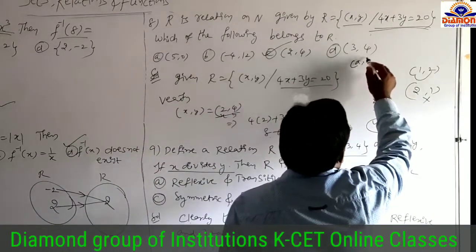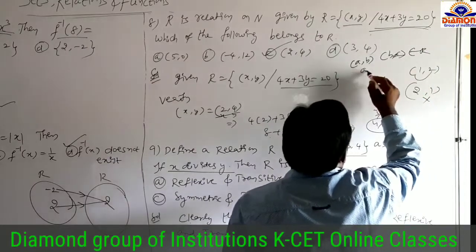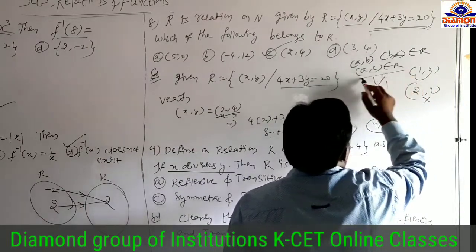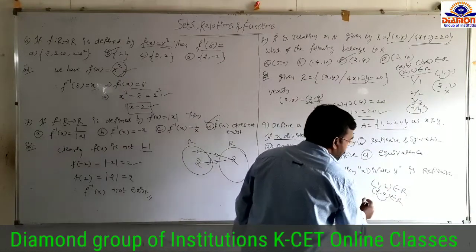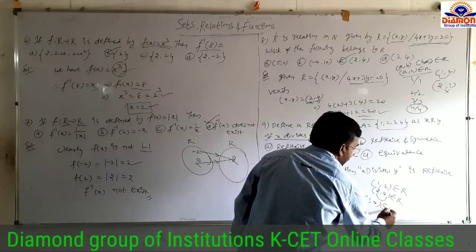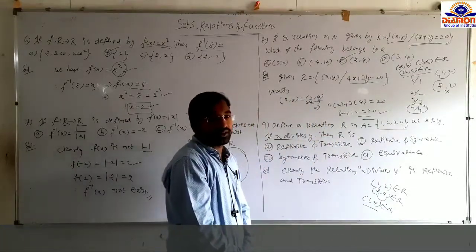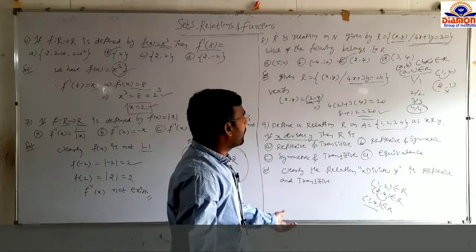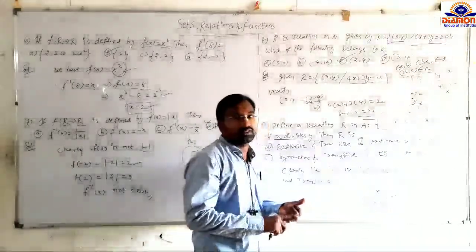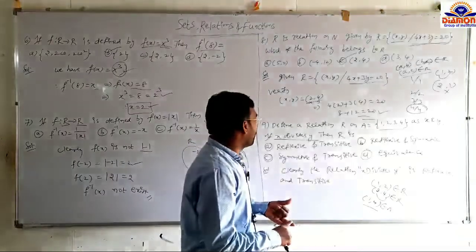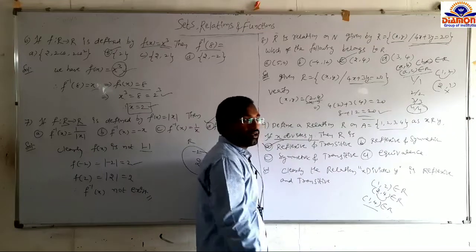If A comma B and B comma C belong to R, then A comma C belongs to R. So we have taken 1 comma 2 belongs to R, 2 comma 4 belongs to R, then 1 comma 4 belongs to R. This is also satisfied, 1 divides 4 is also possible. So transitive is satisfied. Reflexive is satisfied, transitive is satisfied, symmetric has failed. So clearly the relation is reflexive and transitive. Option A is the right option.